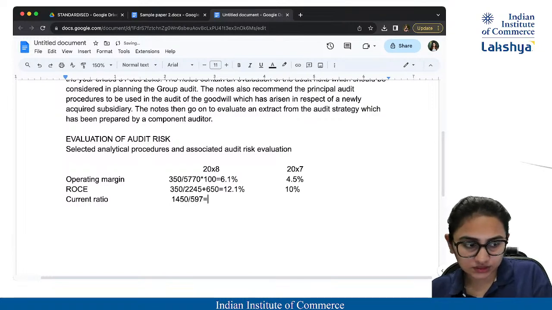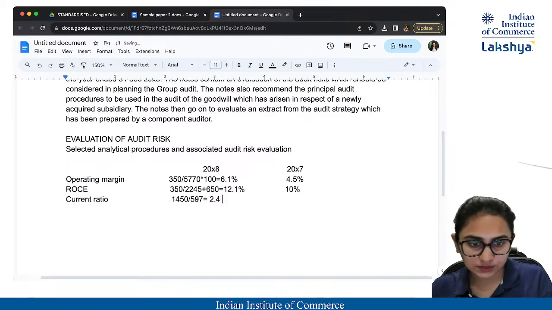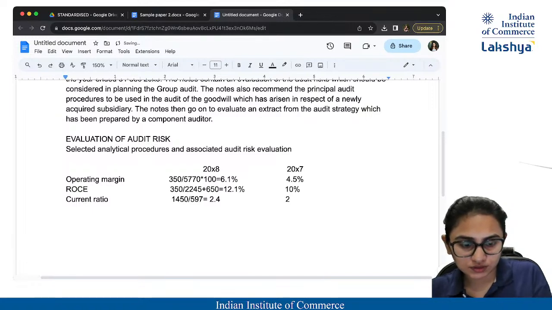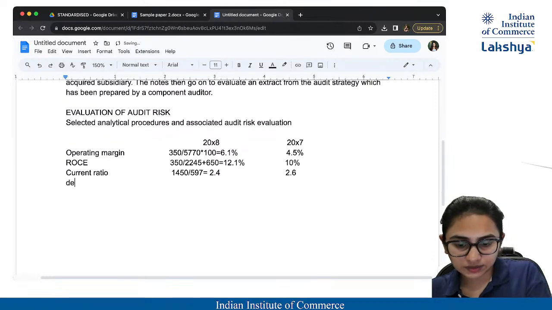That is going to give you 2.4. And similarly for the last year, it is going to give you 2.6. And next we have is debt upon equity.